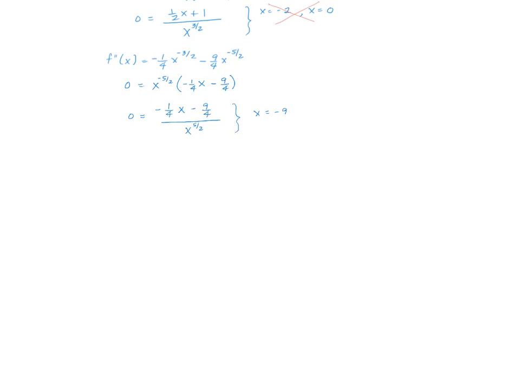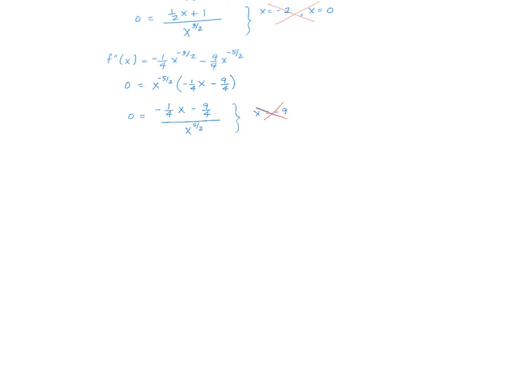Then I'll have a positive 9/4 minus 9/4, I'll get 0. However, negative 9 is not in the interval that I'm interested in, right? So I don't really have any critical points there.